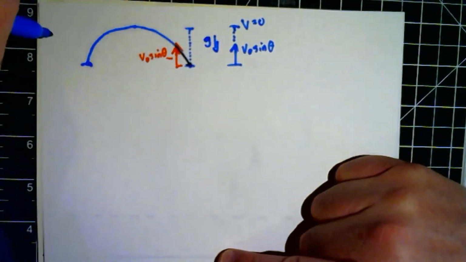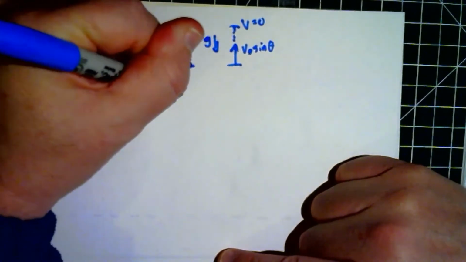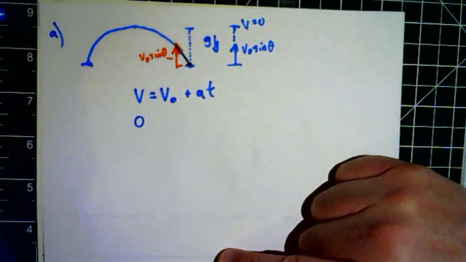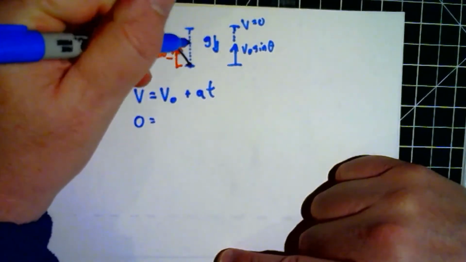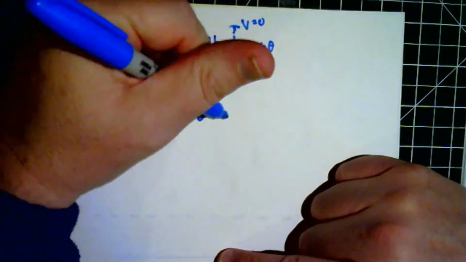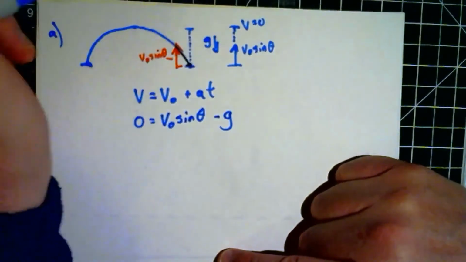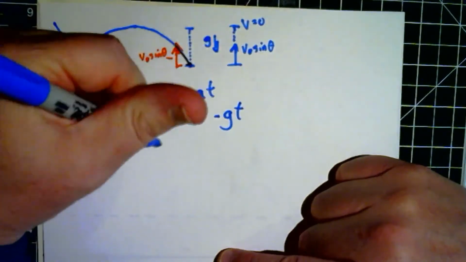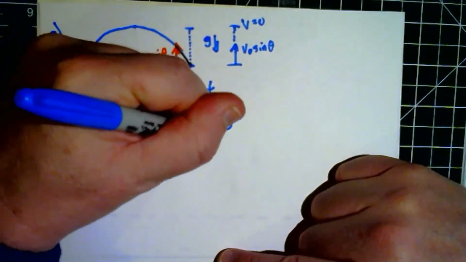So I'm just going to use this kinematic equation right here. v is equal to v0 plus at. I'm going to make my substitutions. My final velocity will be 0. My initial velocity in this vertical direction is this v0 sine theta. My acceleration is negative g because it's going downwards, opposite to the direction of the motion, times t. And so the t is just v0 sine theta divided by g.